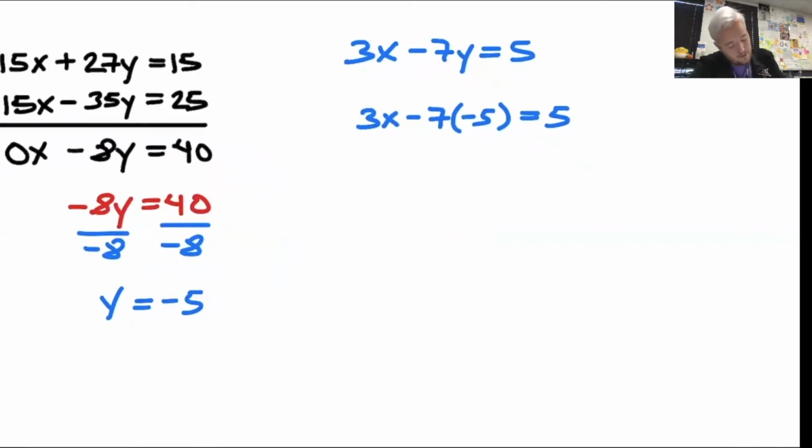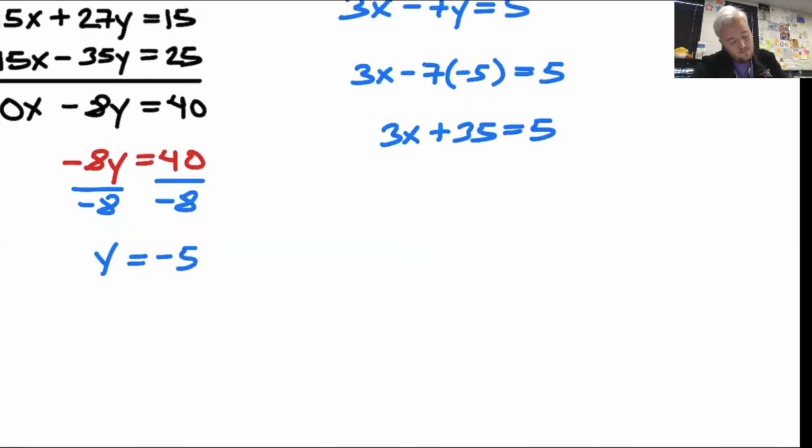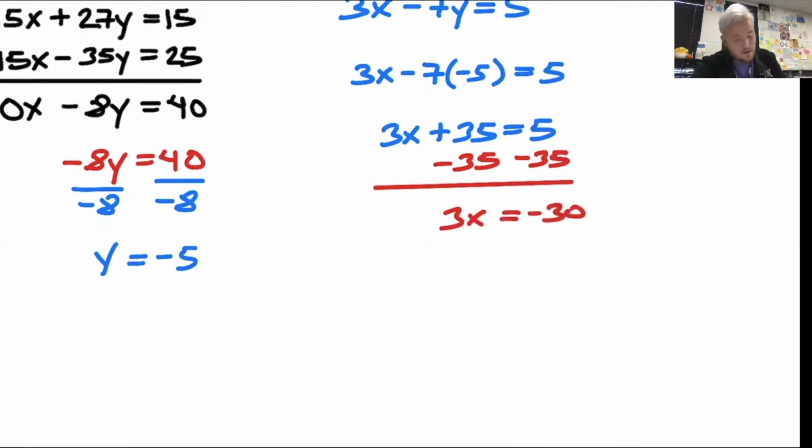So I'm going to have 3x plus 35 equals 5. So now I'm going to subtract 35 on both sides. So I'm going to have 3x equals negative 30.